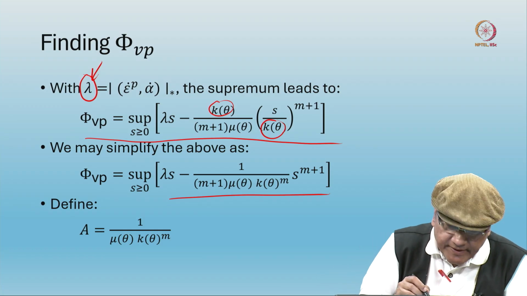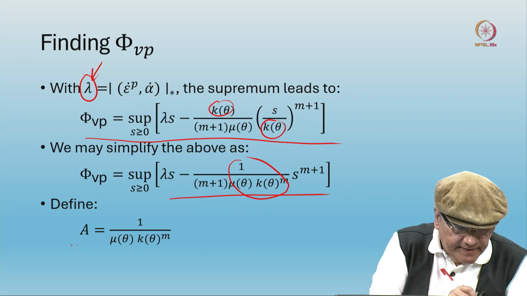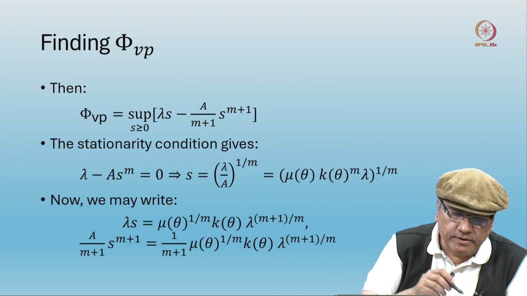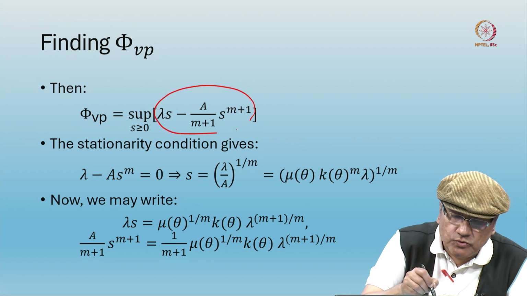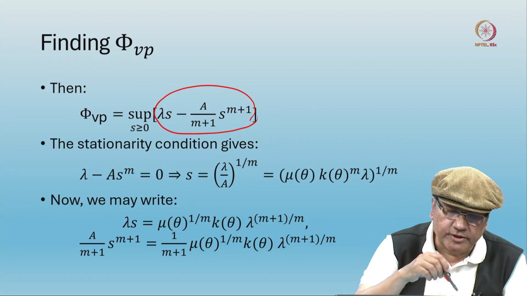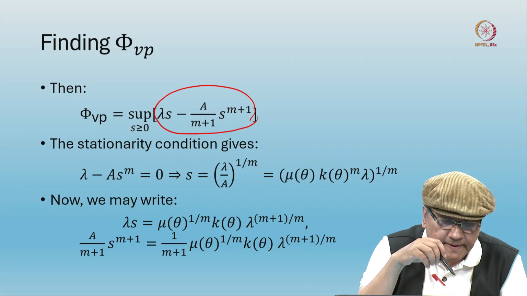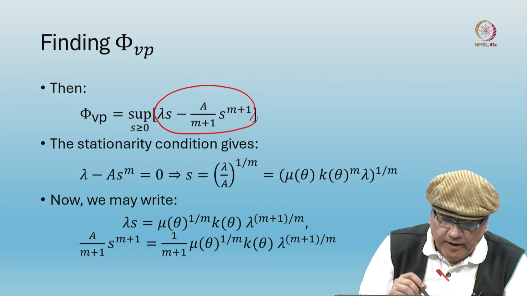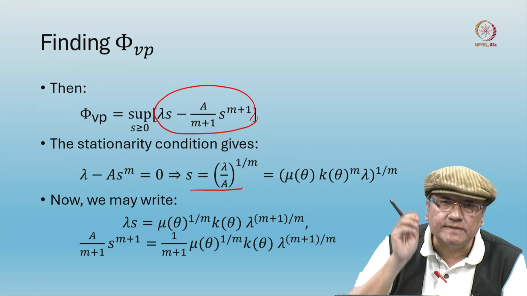I can further simplify it by taking this as A, and then you can do the minimization. This is the minimization of this with respect to S. That is what we need. So the stationarity condition: differentiate with respect to S, there is no difficulty in differentiating. Therefore, S is found in terms of lambda and A, which is here.